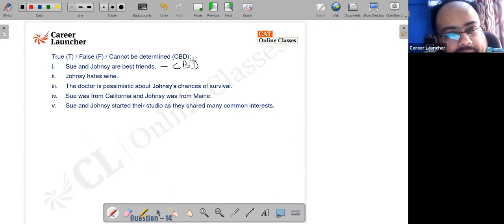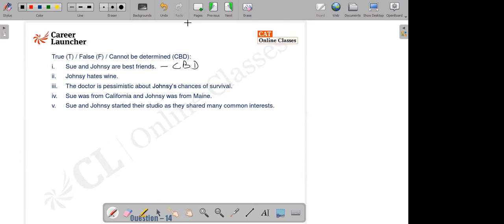So even if I may think that they are best friends, but if the author has not said that they are best friends, then the answer will be cannot be determined. So when I say cannot be determined, I am going as per what the author has written. I am not taking into account my opinion. In my opinion, they could have been best friends, but the author has not said it. So here it is going to be cannot be determined.